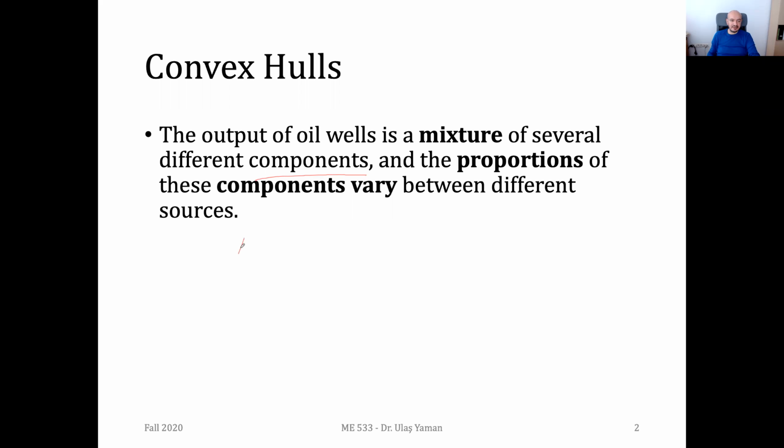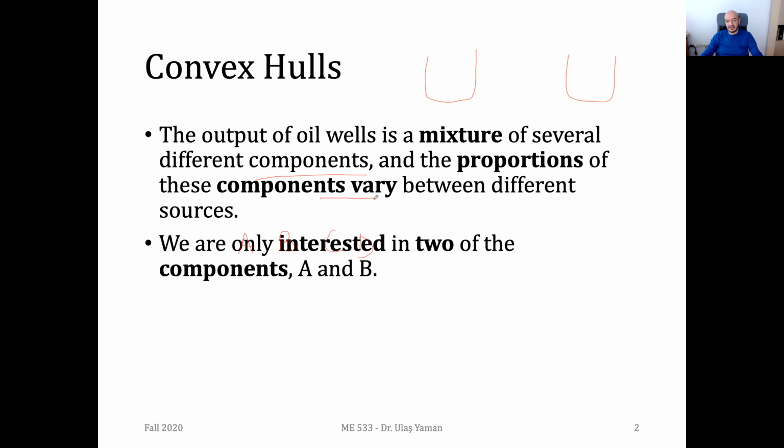Assume you have, for instance, components A, B, C, and D. In each well, you cannot always have the same percentage of these components, and they always vary between the sources or between the wells. For instance, assume that right now we are only interested in two components, A and B, and we have two oil wells.